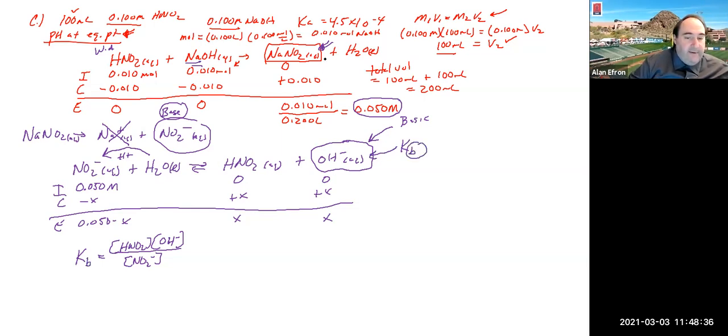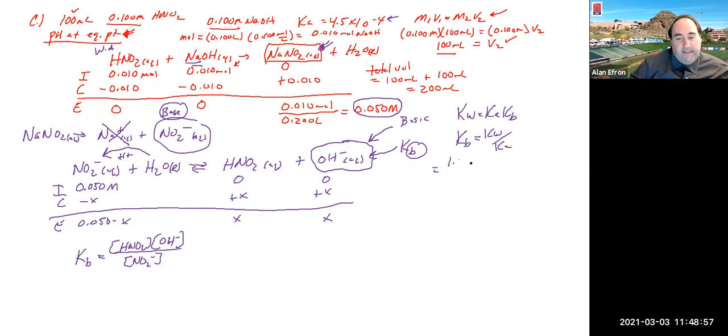So again, just like we had with regular salt problems, we do need to convert our K value to the correct one here, using the Ka that was given to us, and that Kw equals Ka times Kb. Our Kb in this case would be Kw divided by the Ka.